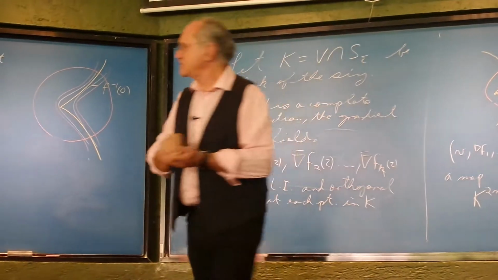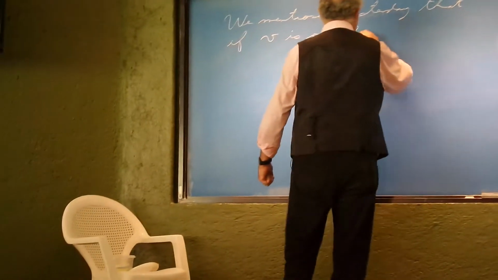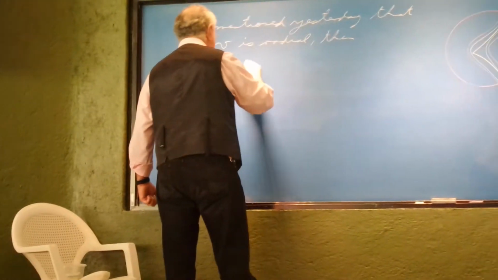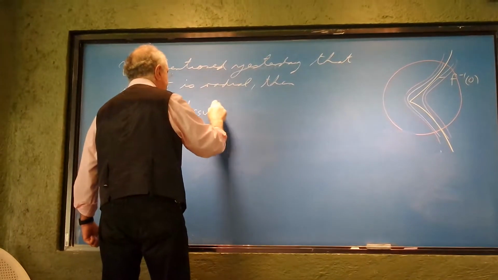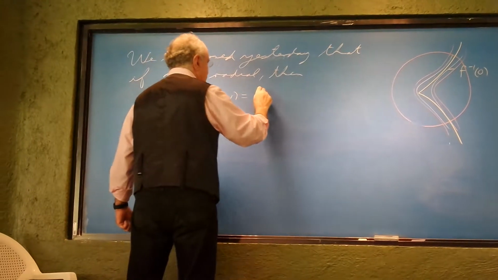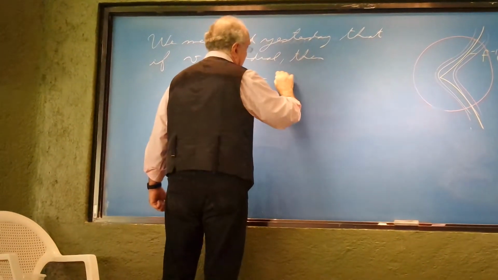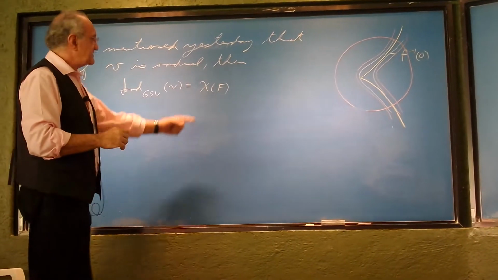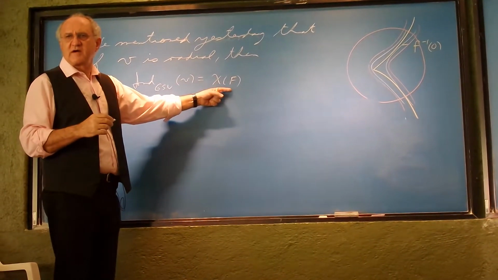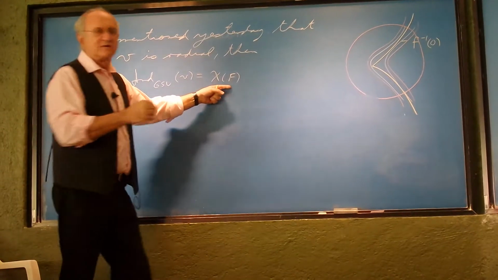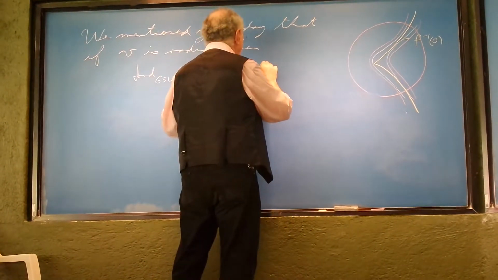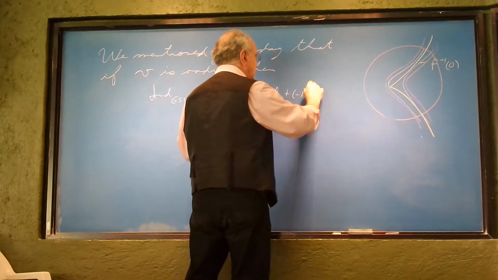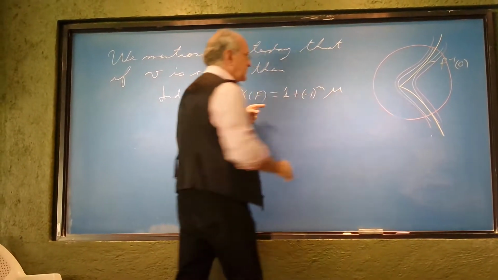So suppose it is radial, then its GSV index is 1, well, it is the Euler characteristic of the Milnor fiber. And since this has the homotopy type of a bouquet of spheres of middle dimension, this is just 1 plus minus 1 to the n times the middle Betti number.